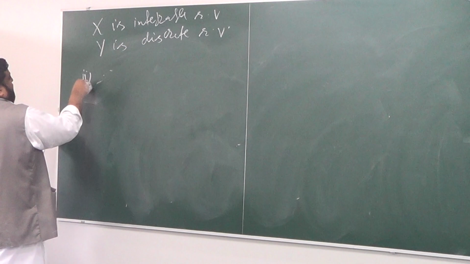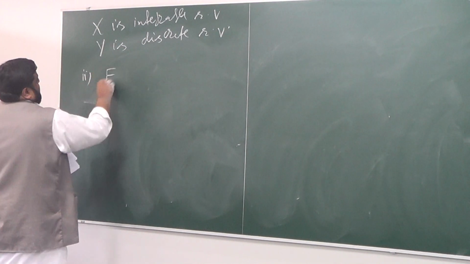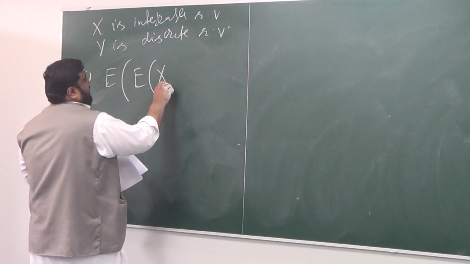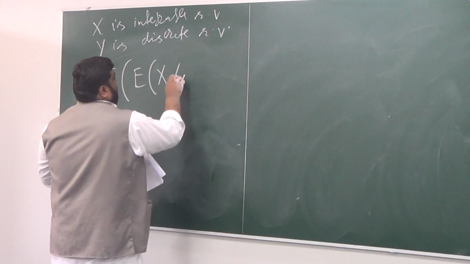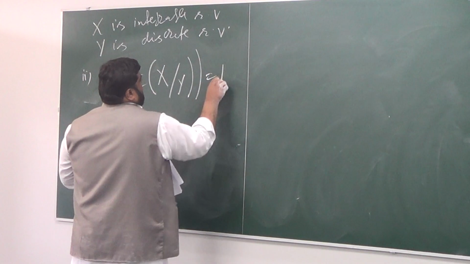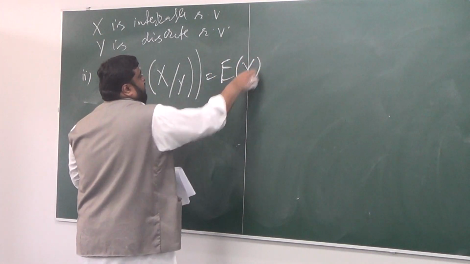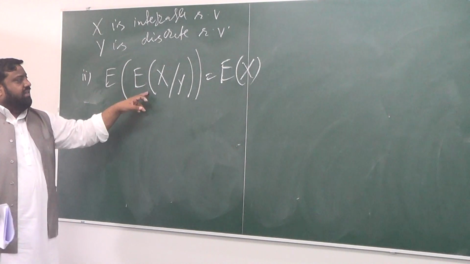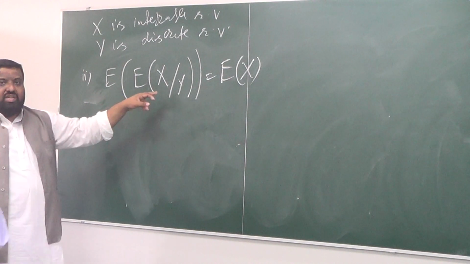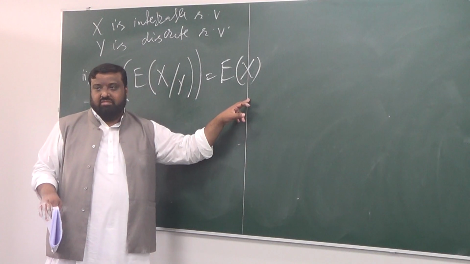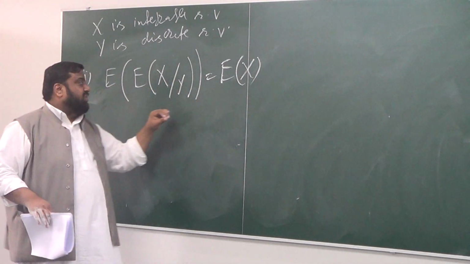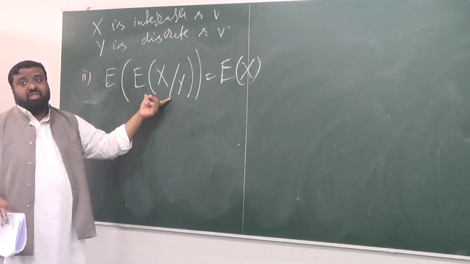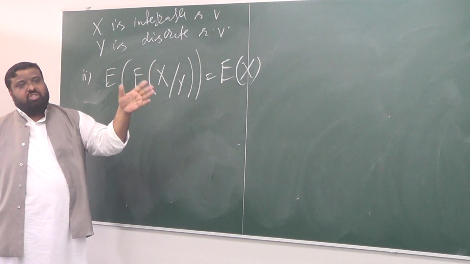So the next property that I would like to prove is that the expectation of the expectation of x given y is equal to the expectation of x. In other words, if you compute the average of the averages, you're going to get an average actually. If you compute the average of the conditional expectations, so here's the thing.